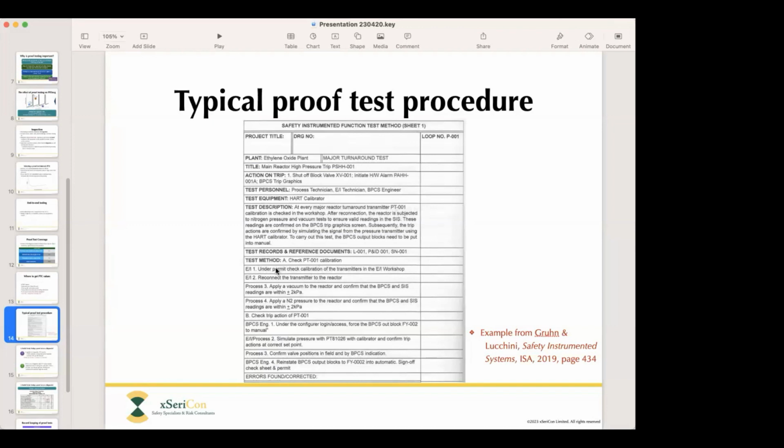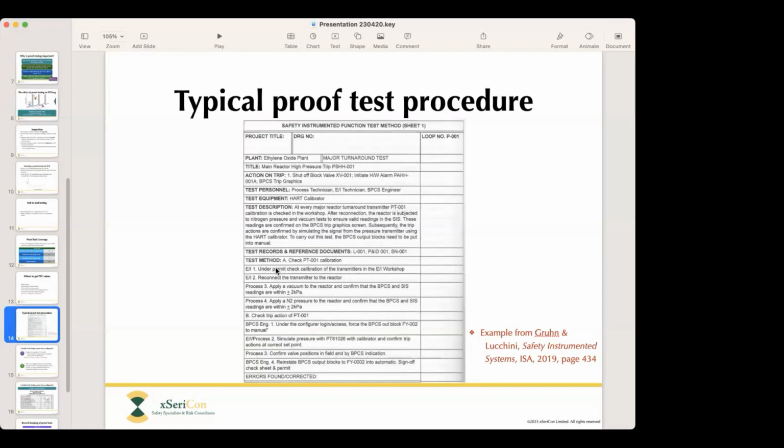And that's important because every disturbance that is made to the system for the purpose of proof testing, such as applying bypasses, overrides, removing covers, applying shunts, changing set points, changing anything in the settings of the equipment, whether it be the field equipment or the logic solver, needs to be carefully managed and reversed at the end of the procedure. Very important. So that's why the permit to work really needs to cover that carefully.